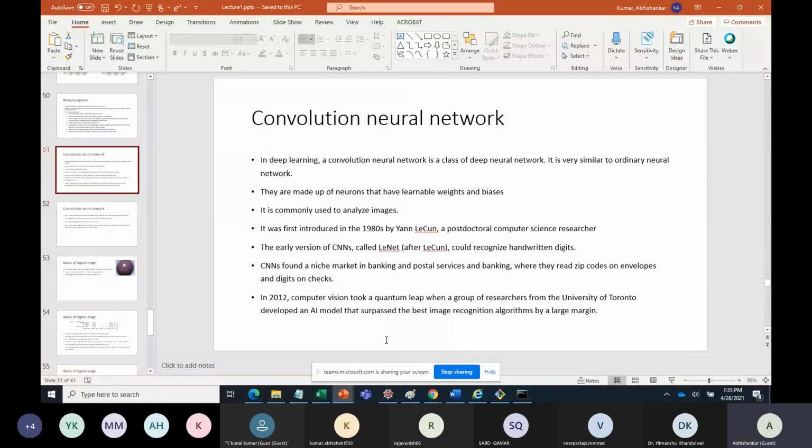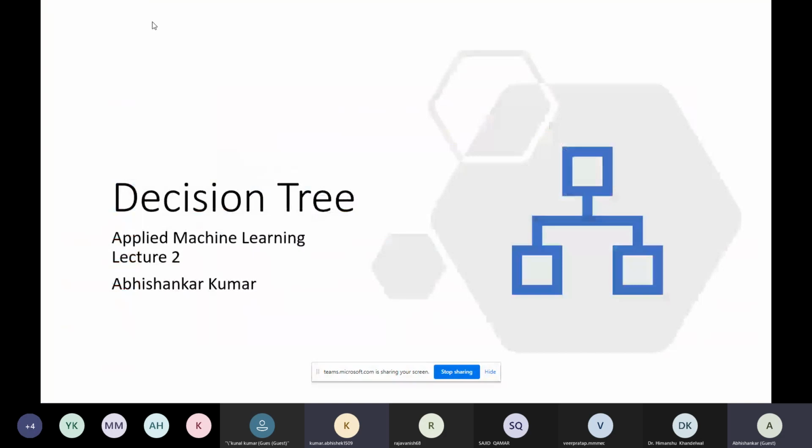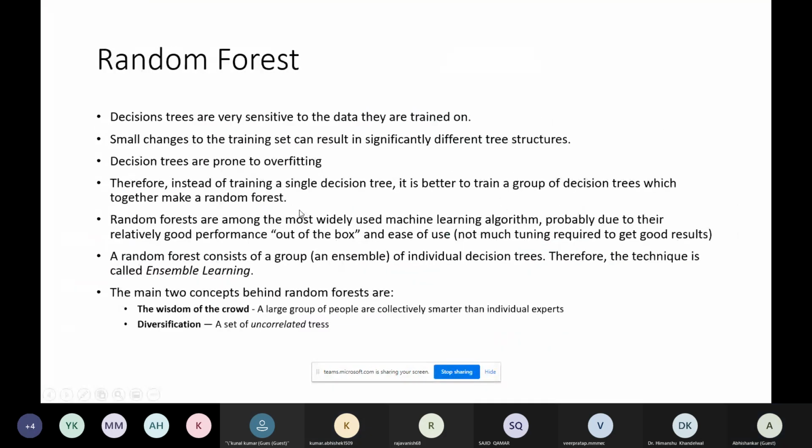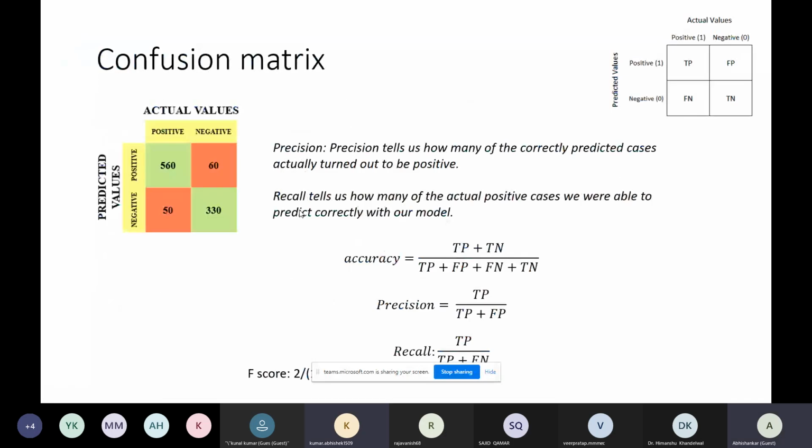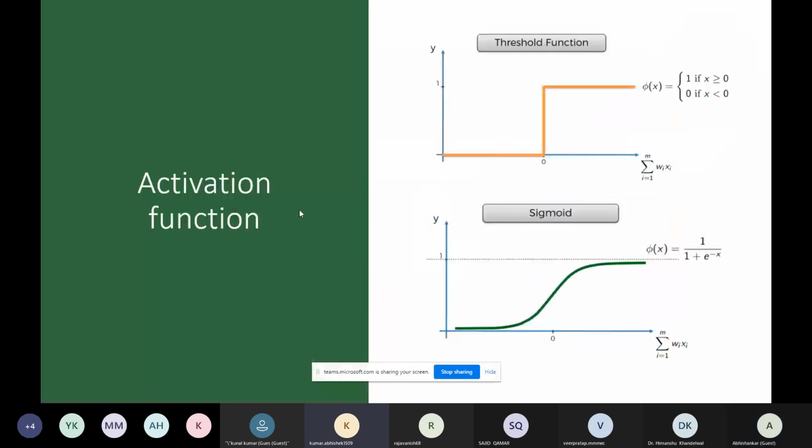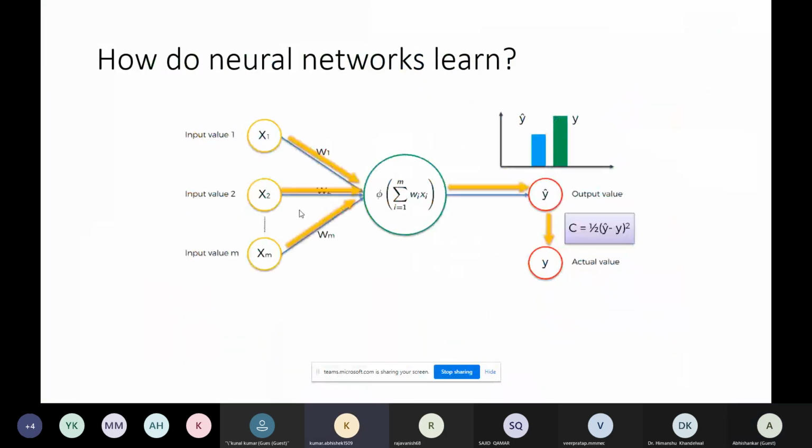So can anyone summarize what we have studied in last class? Then we will start convolution neural network. In the last class, we did the case study of ANN, in that churn modeling. How we have done this? Can you explain? We did it in the Google Colab.